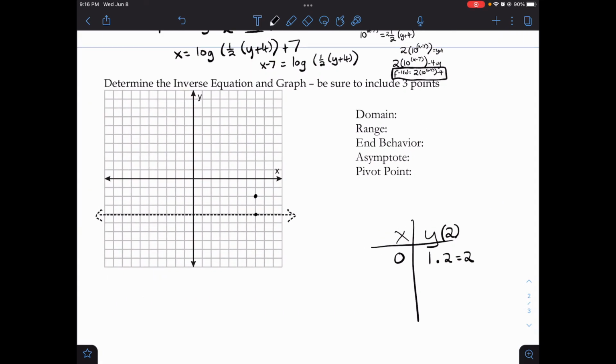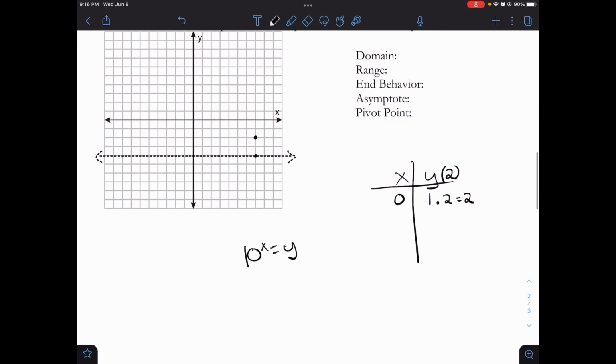And then for our second point, let me just do my handy dandy equation. 10 to the x is equal to that. If we plug in 1, we get 10.